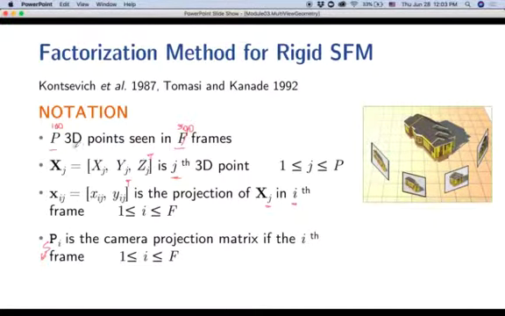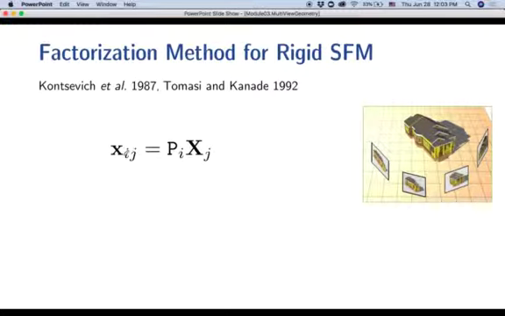So I can say my x_ij's, the image observations, are related to the world points. The world points only have one index because they don't change. It's rigid structure for motion, so they have only one index. The world point j is related to the image point j, but in the ith frame. So that's x_ij by the projection matrix Pi. This is a 3D scene point, this is the orthographic projection matrix, and this is a 2D image point. It could have been perspective, but they assumed in their solution to be orthographic for simplification.